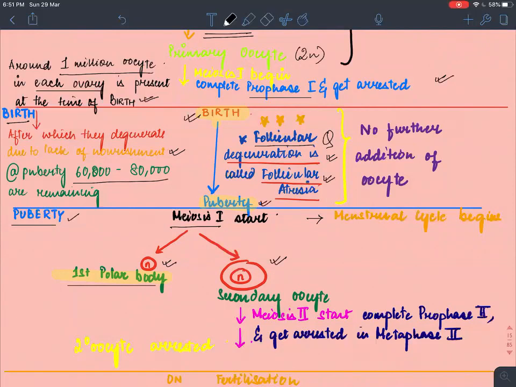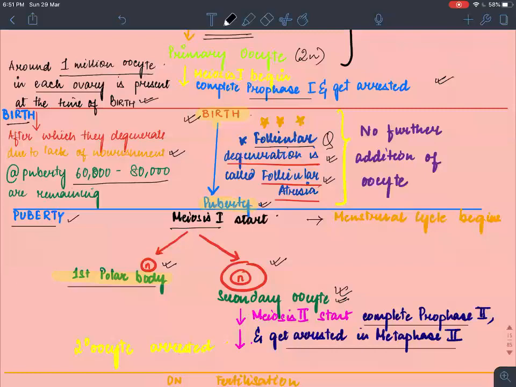This secondary oocyte will enter into meiosis 2, and it will complete prophase 2 and get arrested again in metaphase 2. So again, the secondary oocyte got arrested, and at this stage only, in the secondary oocyte form, it will be released out of the ovary.